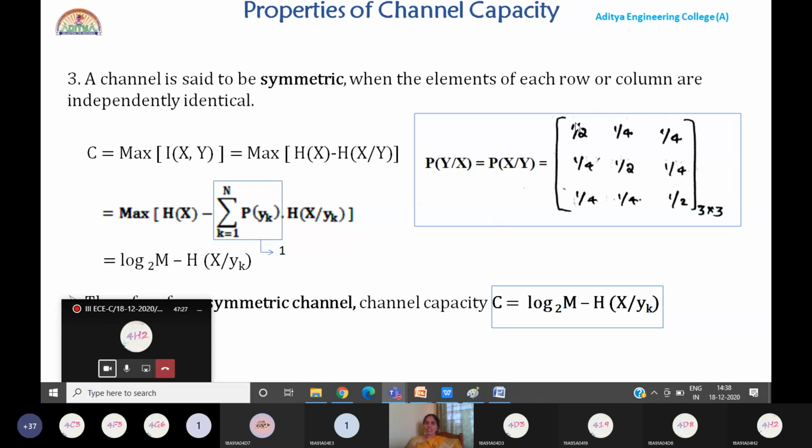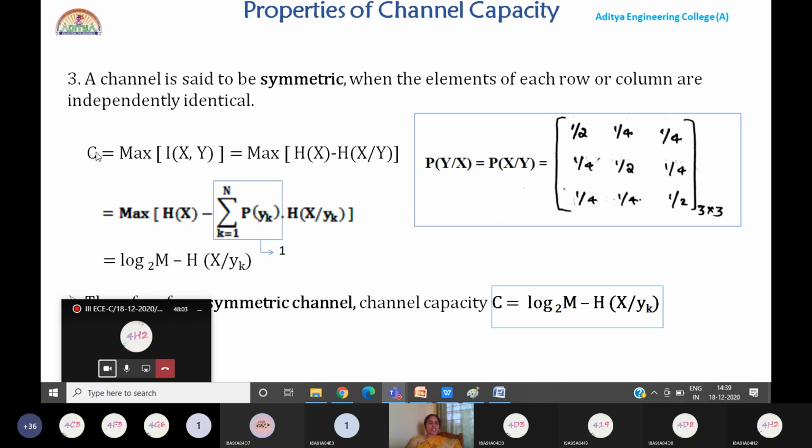The sum of all the elements in each row is 1, if you take row 1, row 2, row 3. So I can say that it is P of y by x matrix. And here the sum of all elements in each column is also 1, so it can be P of x by y. Because the row elements or column elements are independently identical, we have represented it as either P of y by x or P of x by y.